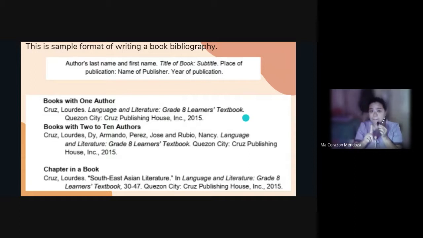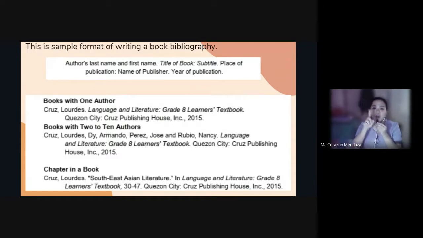For example, class, the book does not have a subtitle. So you will just write the title, Cruz Lourdes, period, Language and Literature, period. Do you understand? You don't need to put colon subtitle if there is no subtitle.